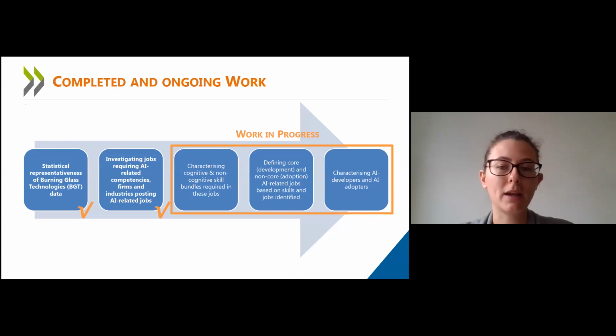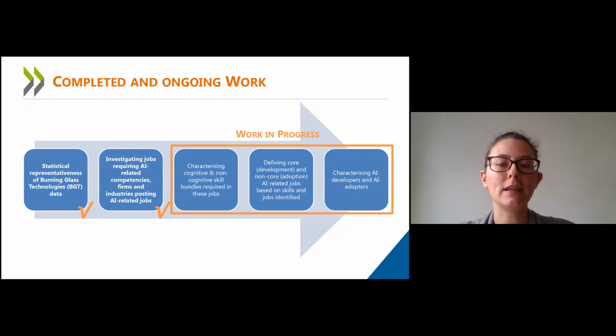So first, my colleagues, Mariagrazia Squicciarini and Emile Cammeraat, who are also here today, and you will hear Mariagrazia later on in the panel. They both looked at the statistical representativeness of BGT, and I will present some of the highlights of their paper in the next slide. Then Mariagrazia, together with Heike Nachtigall, investigated the kind of jobs that demand AI-related competencies.